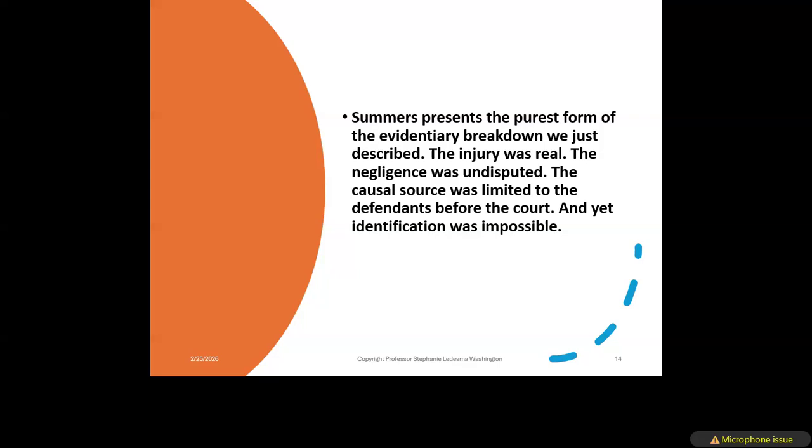Tice is undisputed. The causal source is limited to the defendants that are before the court. And even with those proofs, identification is impossible.